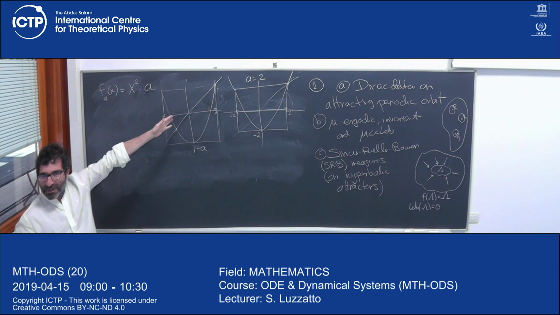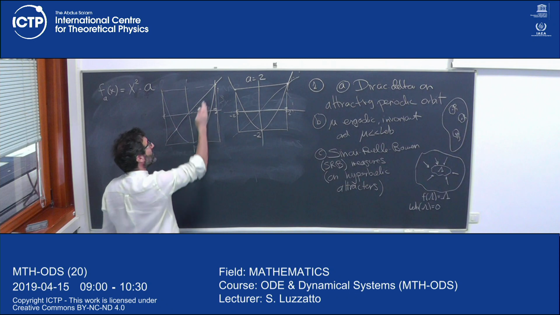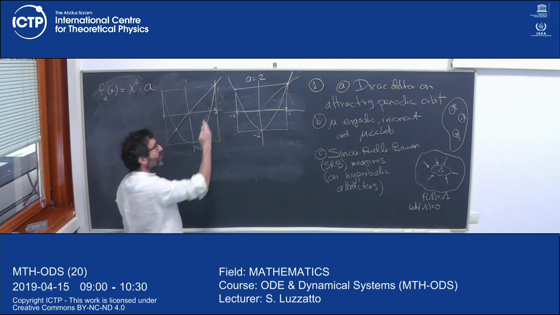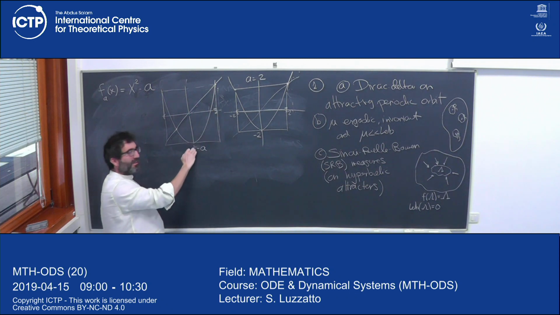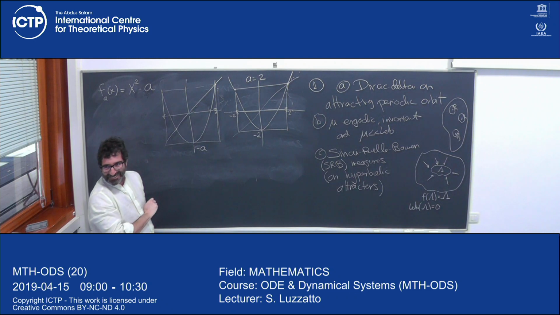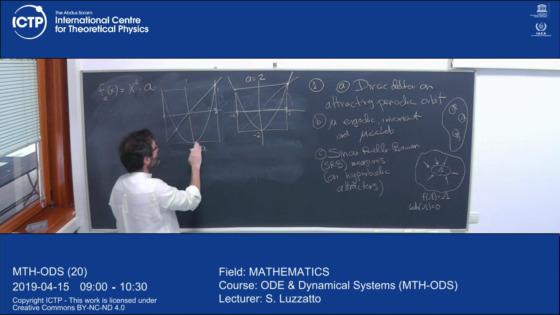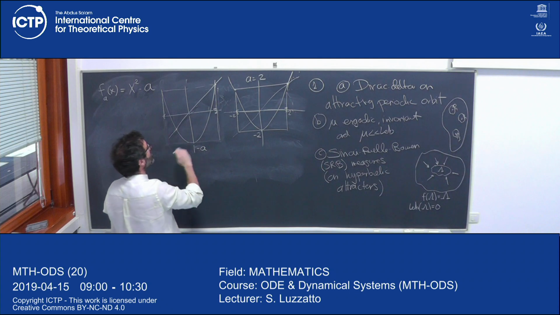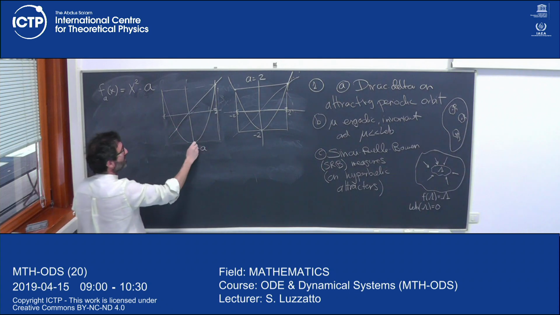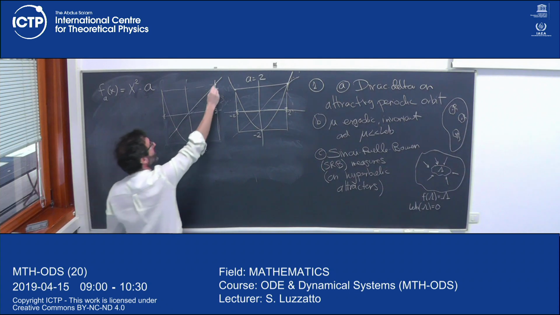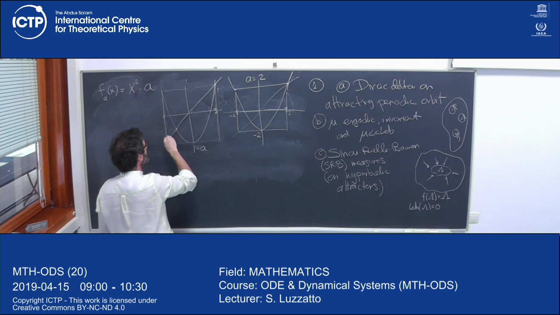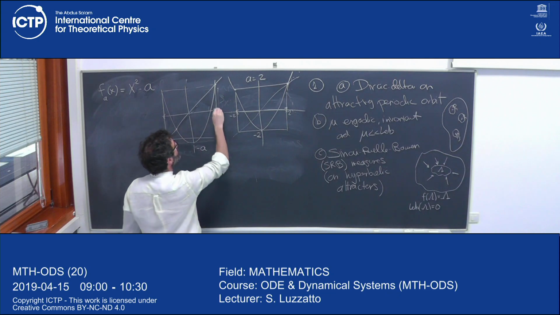I'm not going to do it, but if you do it, you will see that this point moves slower than this point. You can find this fixed point explicitly, and you will see something like this.